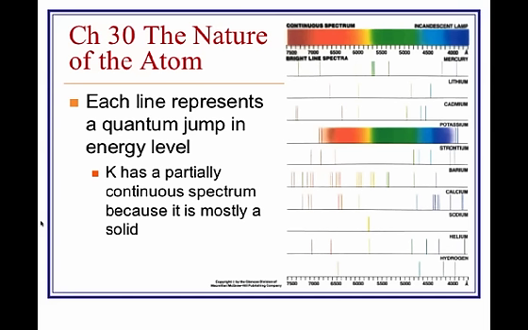But each line here relates to an amount of energy based on the frequency, and from the wavelength you know the frequency, and from that you're able to determine the energy released from a quantum jump.